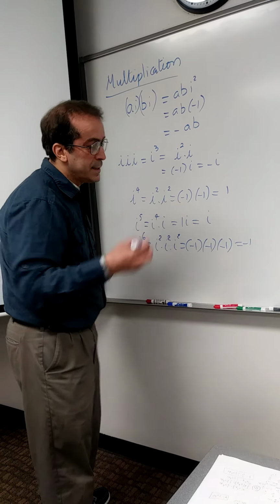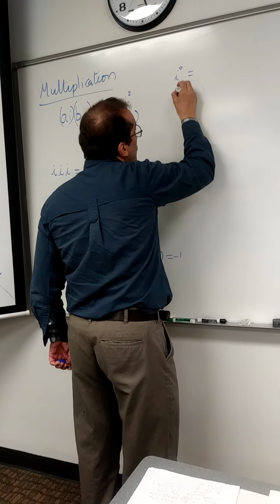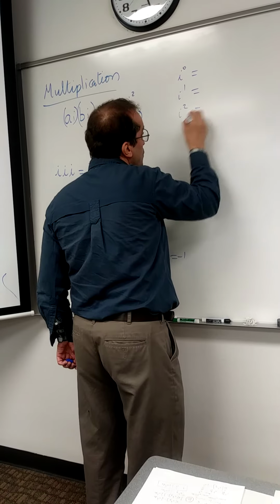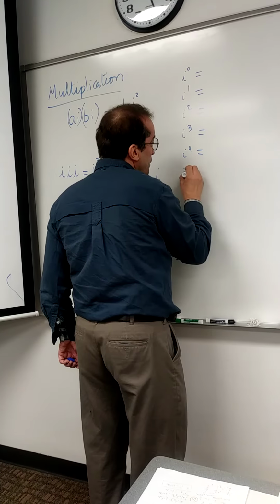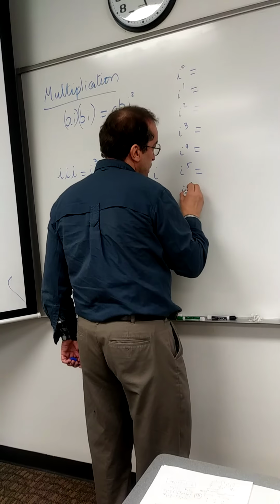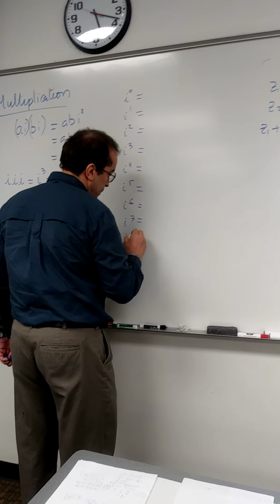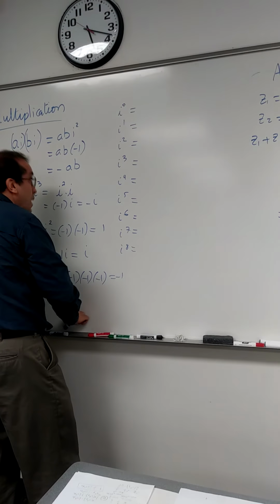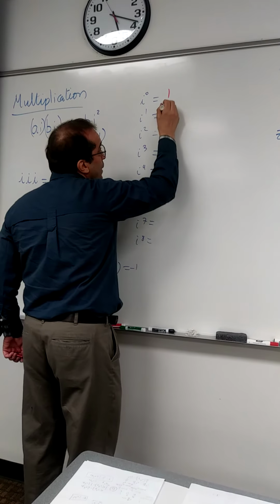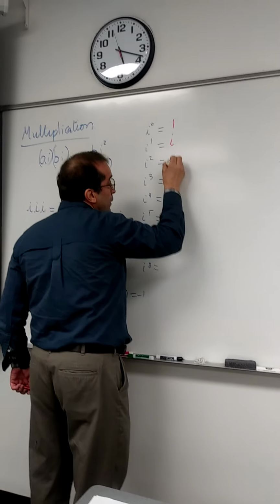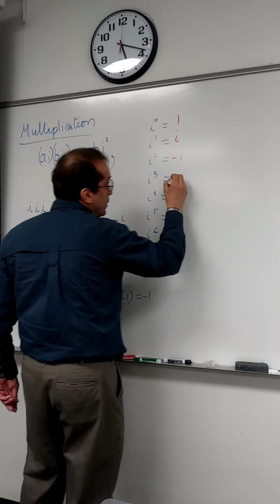And the way it works is like this. i to the power 0, i to the power 1, i to the power 2, 3, 4, 5, 6, I'll do 2 more, 7, 8. i to the power 0 is always 1. i to the power 1 is i. i squared was equal to negative 1. i cubed, we did earlier, was negative i.